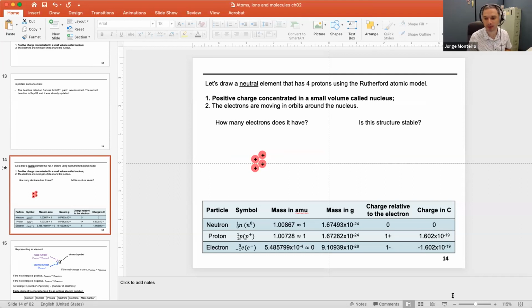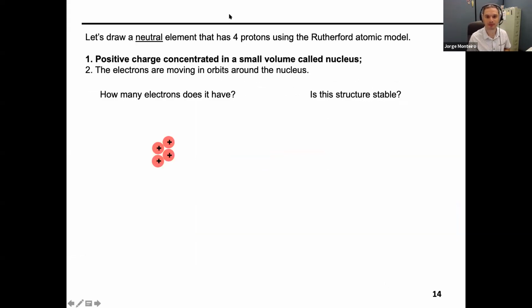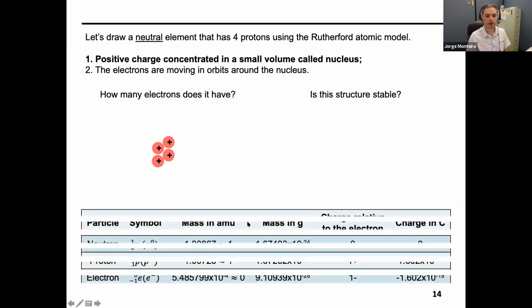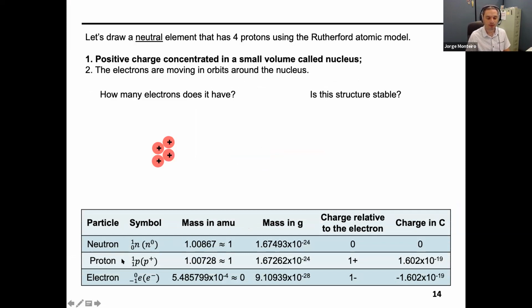Let's talk a little more about neutrons, protons, and electrons. For the neutron, the symbol is n, 1, 0. Mass in AMU, atomic mass units, we consider the neutron as 1 unit, and the charge relative to the electron is 0.